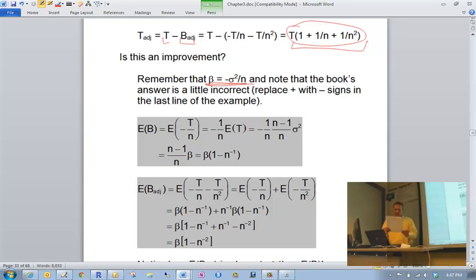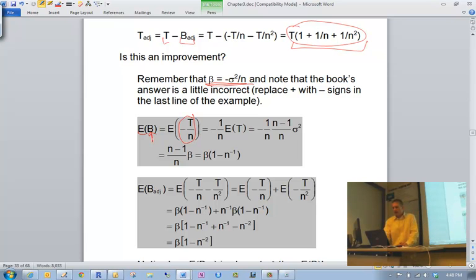Lost my train of thought. So the estimate is beta, and we have a closed form expression of it that's based upon a random variable. So that closed form expression is negative t divided by n. So I could actually take an expected value of that.